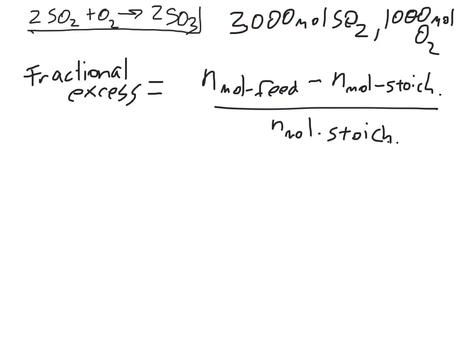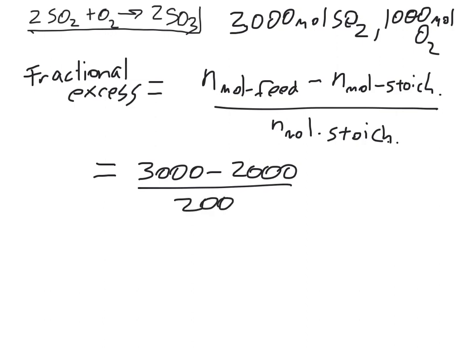So if we just go ahead and use this equation, it is 3,000 minus 2,000 divided by 2,000 equals 1/2. And that's the fractional excess of the species that's in excess.